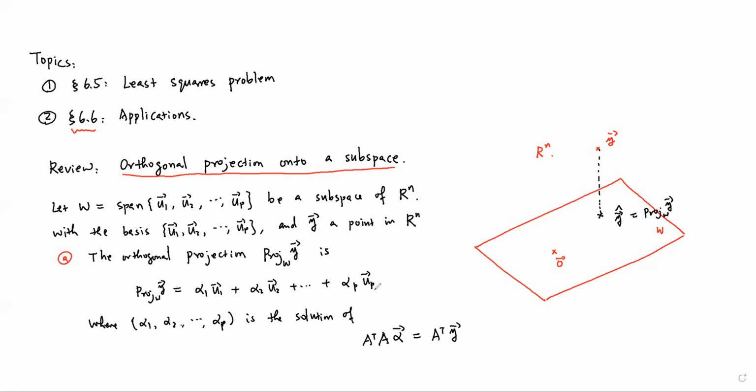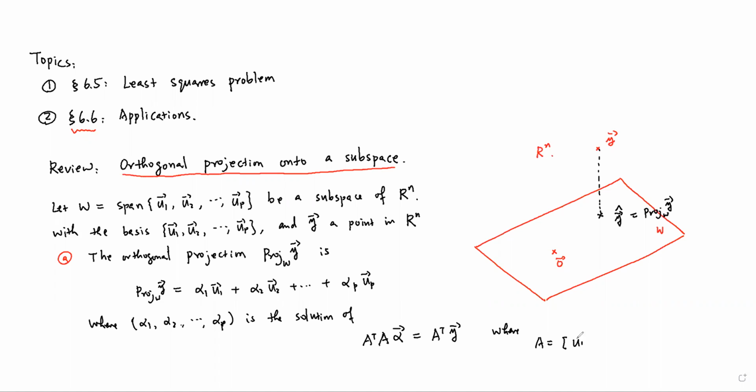Then compute this linear combination, then we have the orthogonal projection of Y onto this subspace W. Okay. Then what is A? Where A is the matrix obtained by combining the basis vectors.